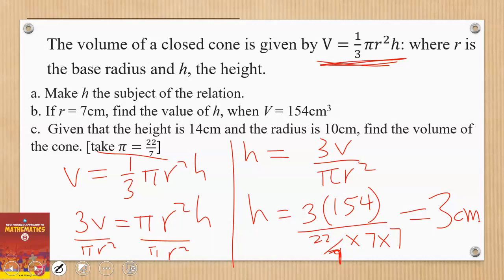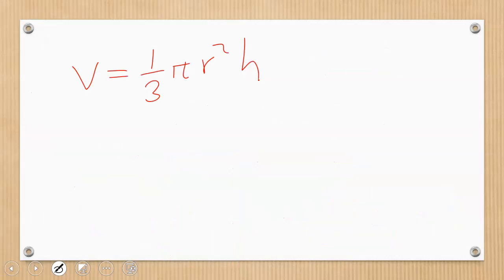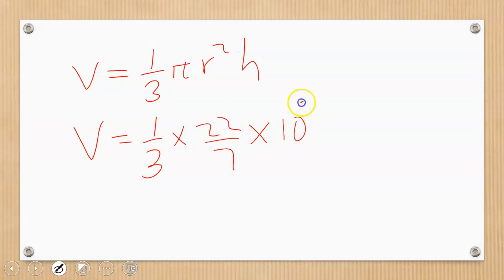Now the next question says that we should find the volume, given that the height is 14 and the radius is 10. In that case, we need to go back to the original equation, so our V is equal to 1/3 pi r squared h. Now the question gave us height to be 14 and radius is 10. So V is equal to 1/3 times 22 over 7 times 10 squared times our height being 14.